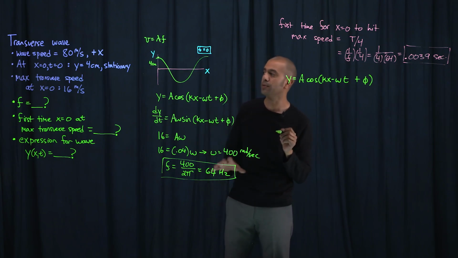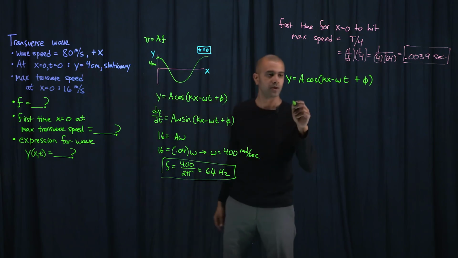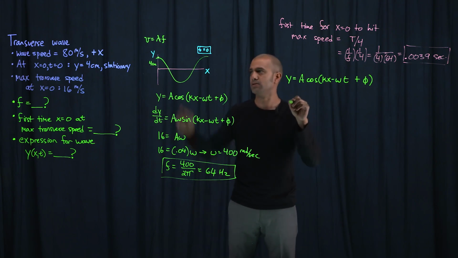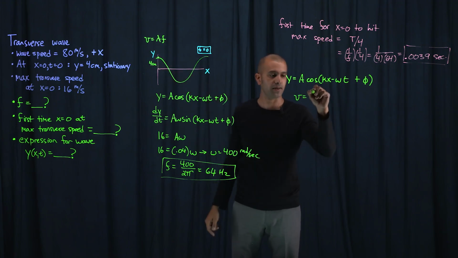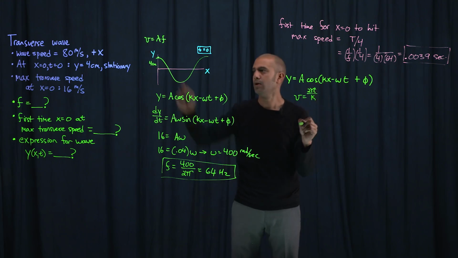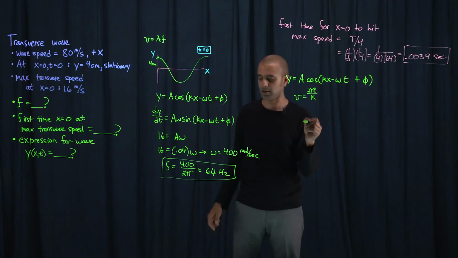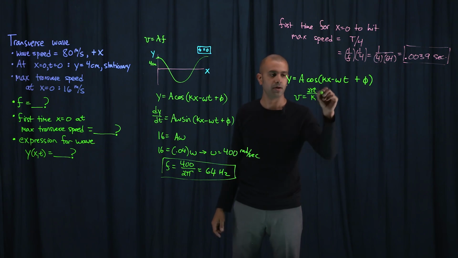For k, here's where we can use the actual wave speed. Remember, wave speed is, if you use this formula and rewrite it, I'll rewrite lambda as 2 pi over k. That's how k is defined in the first place. So this just equals 2 pi over k. And then the frequency is, by definition, omega over 2 pi.